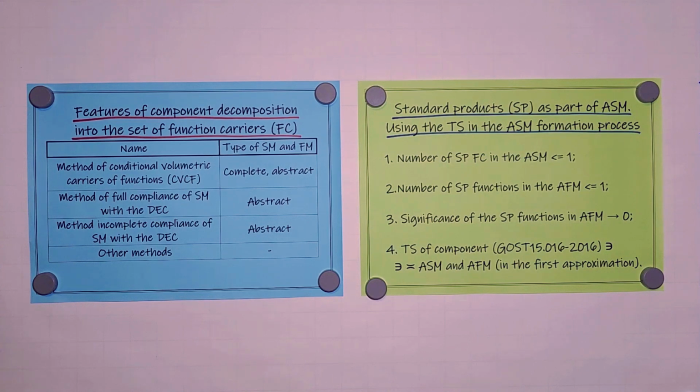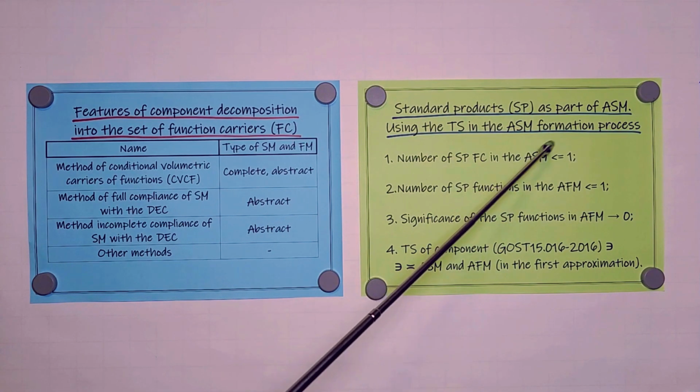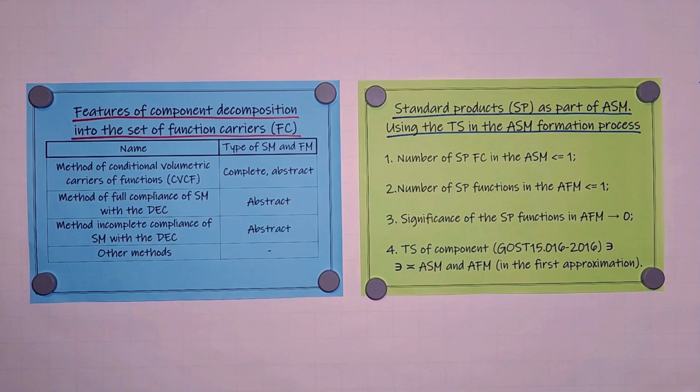A common mistake is to overestimate the level or significance of these function carriers when forming a functional model, since fasteners, generally speaking, have a fairly large number of functions. As a rule, only one function is assigned to such an element of the structural model. And thus, in the abstract model, this carrier of functions becomes least significant.